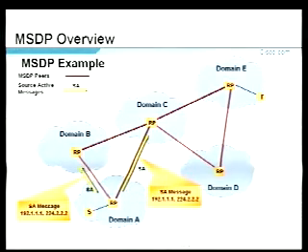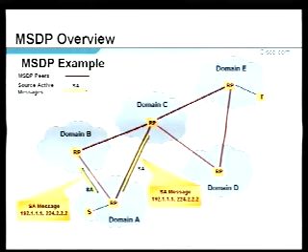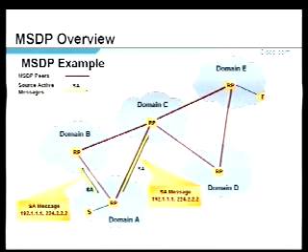If you ever have a receiver that's interested in this, you know how to get to me, and we'll start forwarding it throughout the internet. That router in domain A is the originating RP. That's an important concept to understand because that's what we do an RPF check against.